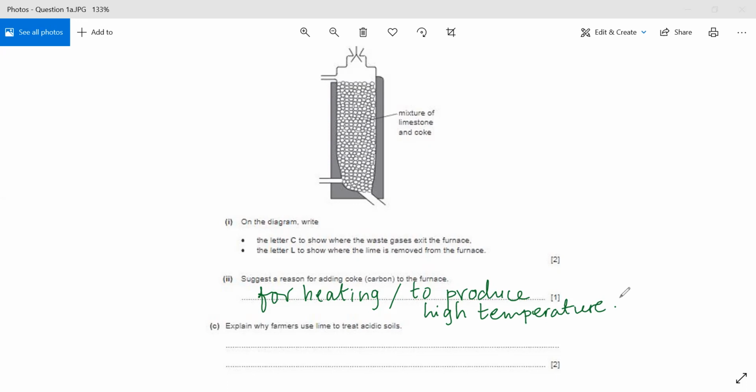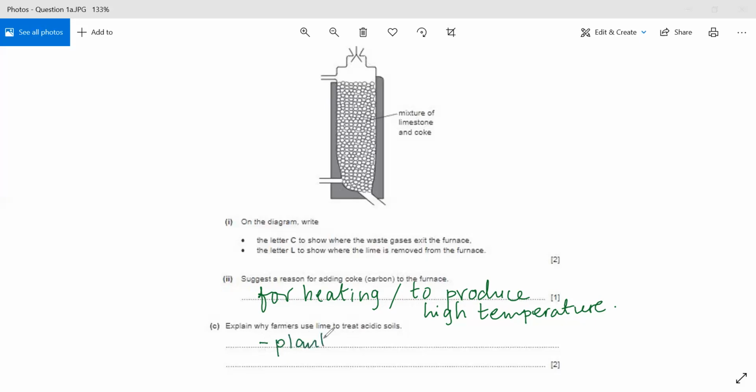Then explain why farmers use lime to treat acidic soil. What are we going to say? Because plants do not grow well if the soil is too acidic. So that is why farmers need to neutralize the acid.